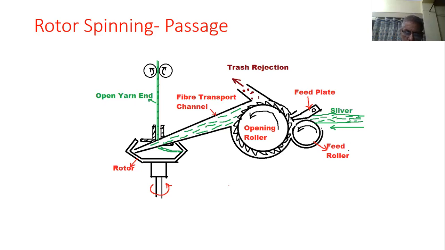So fibers are depositing in the groove, and this rotor is revolving at a very high speed. You can say at 80,000 rpm, maybe 1 lakh rpm, 1 lakh 20,000 rpm. It is revolving at such a high speed. At that time, an open yarn end is introduced.